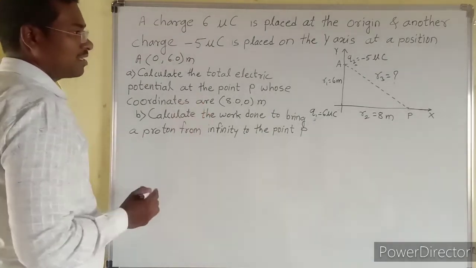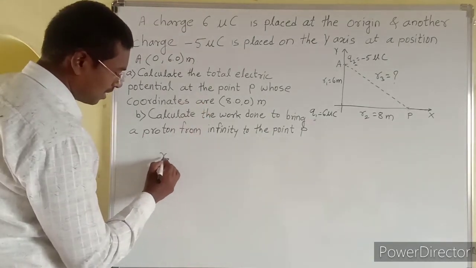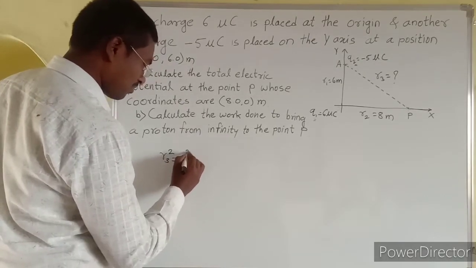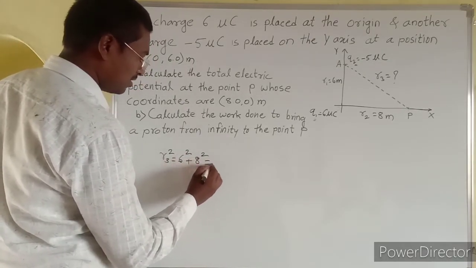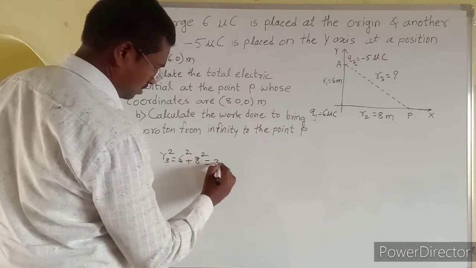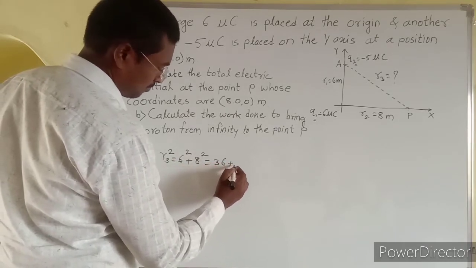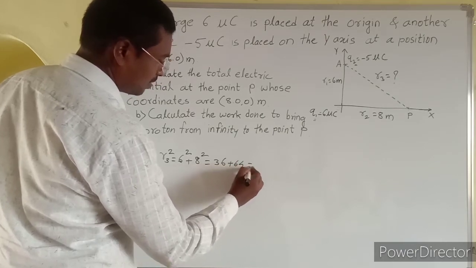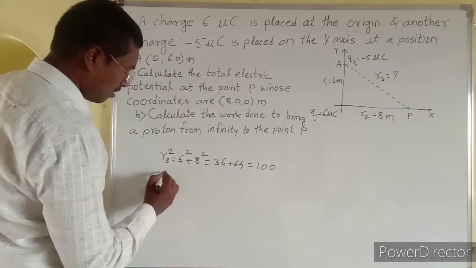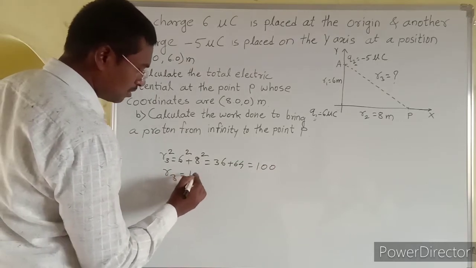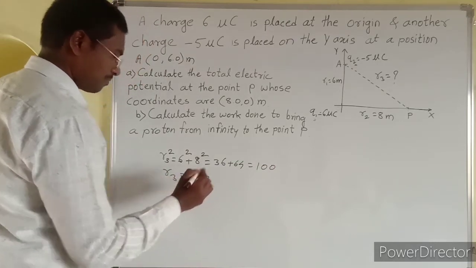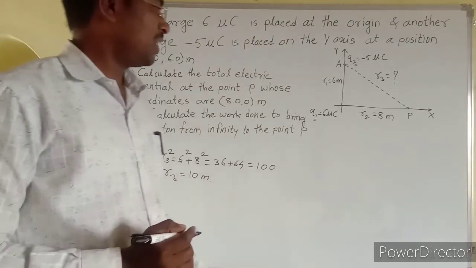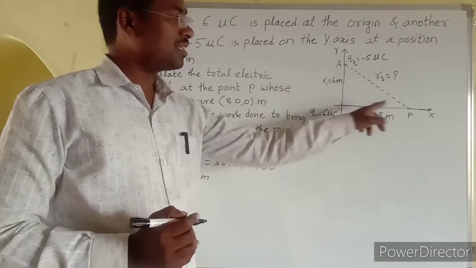From Pythagoras theorem, R3 square can be written as 6 square plus 8 square, which is 36 plus 64, which is equal to 100, or R3 is equal to 10 meter.